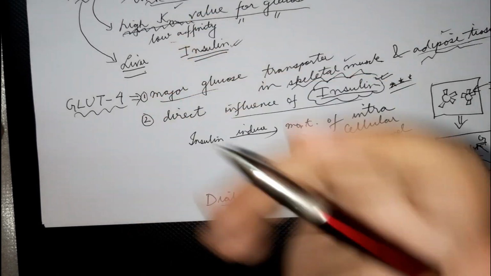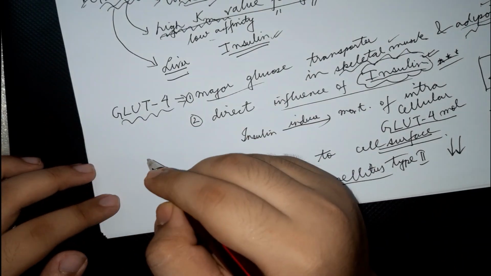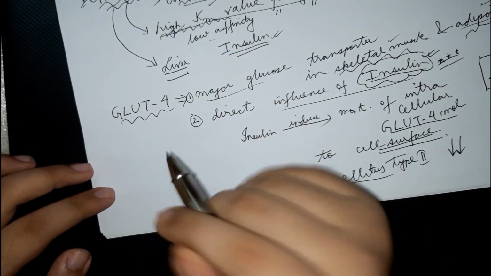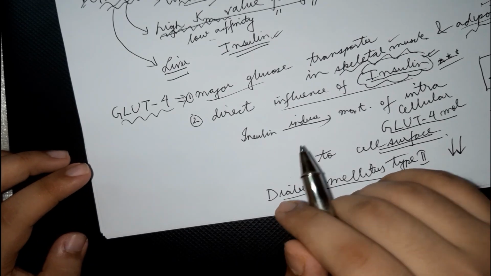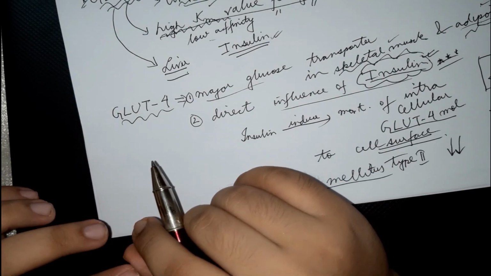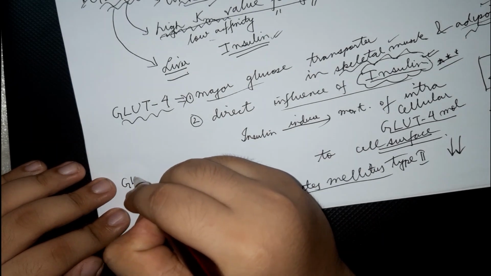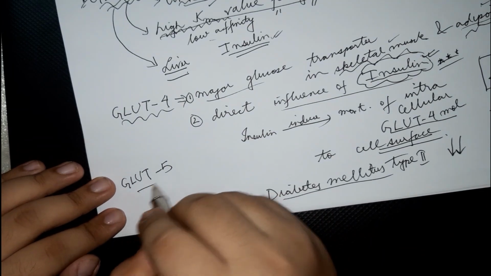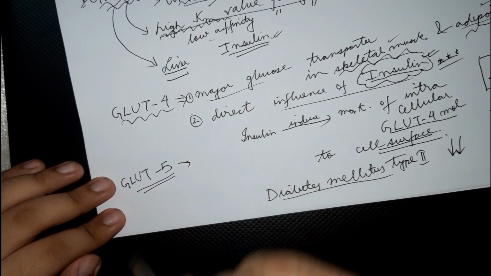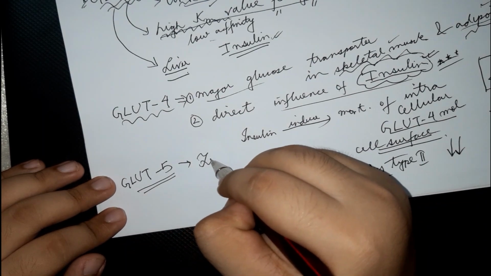And obviously there are other glucose transporters also. If I give one more example, they all follow the numbering GLUT1, 2, 3, 4, 5, 6, 7, like that, up to 10 there are glucose transporters. But one more piece of information I would like to give is that GLUT5 is considered not as a glucose transporter but as a fructose transporter.